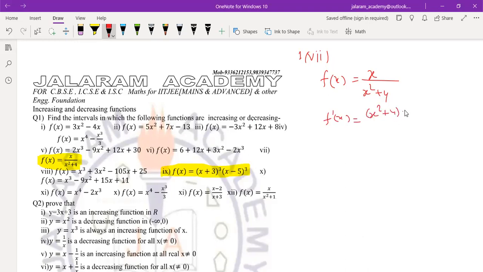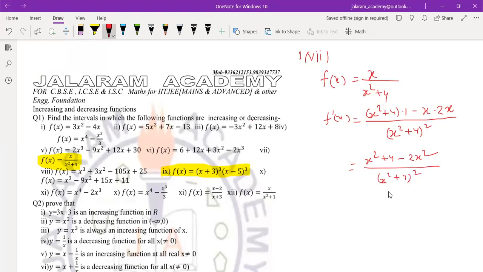Denominator into differentiation of numerator minus numerator into differentiation of denominator upon square of denominator, equals x square plus 4 minus 2x square over x square plus 4 whole square, equals 4 minus x square upon x square plus 4 whole square.